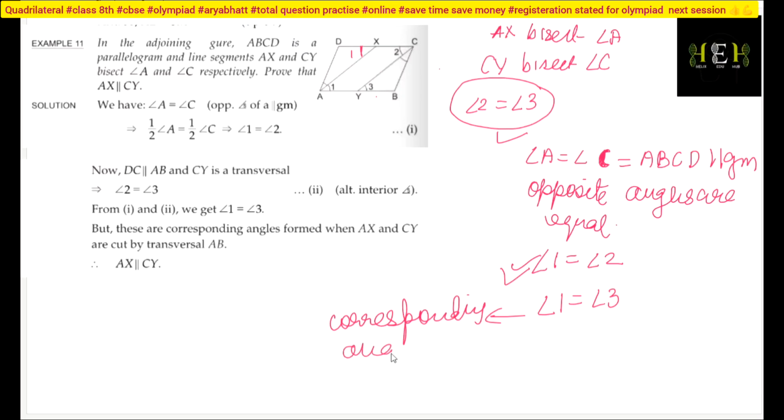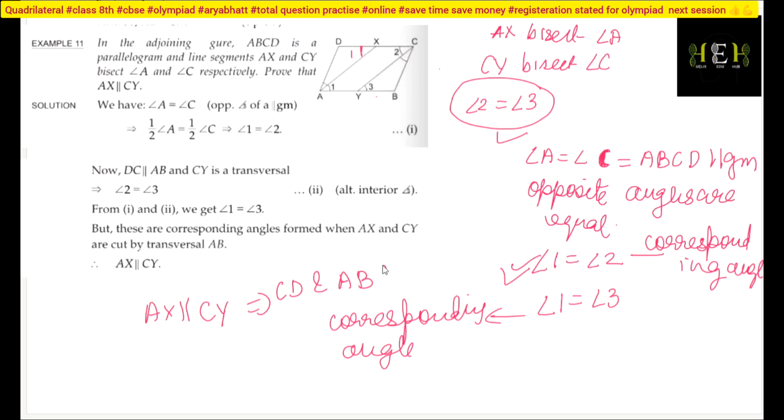This one is your corresponding angle. Then beta ji, I can easily say that AX is parallel to CY, where CD and AB are your transversals. Then only they will be the corresponding angles, na?